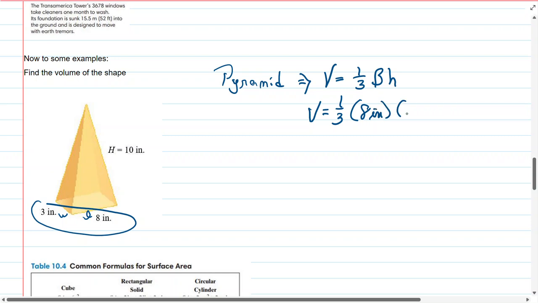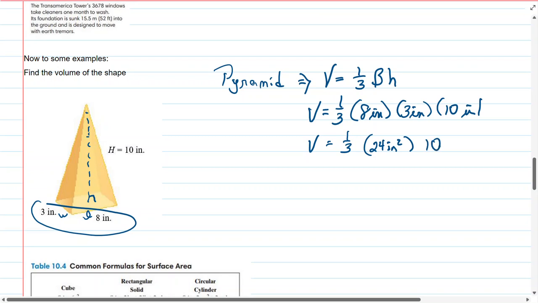Now they're telling us the height is there because they didn't draw it, and it would be that perpendicular to the base. So this would give me 1/3 of 24 inches squared times 10 inches. All right, so 1/3 of 24 is 8. So we have 80 cubic inches is the volume. Okay, nothing difficult, following formulas.